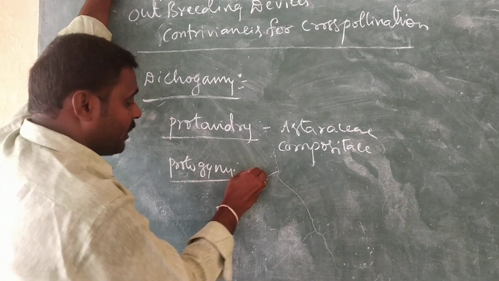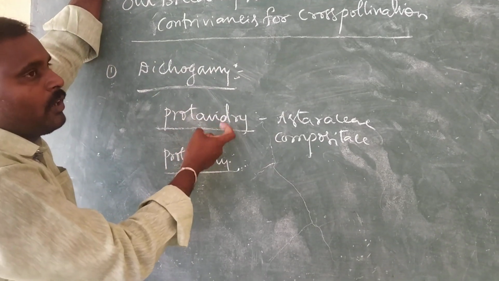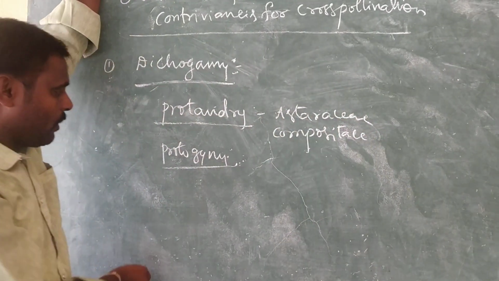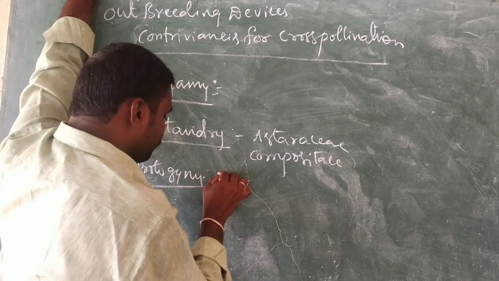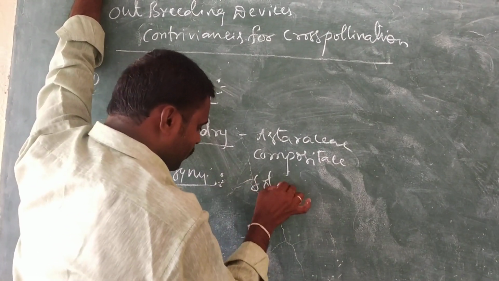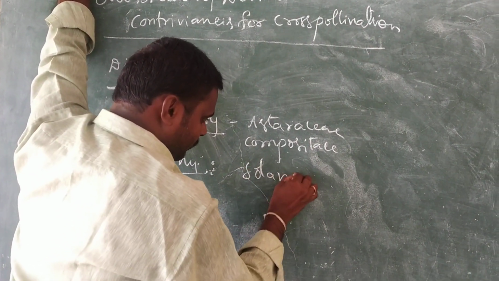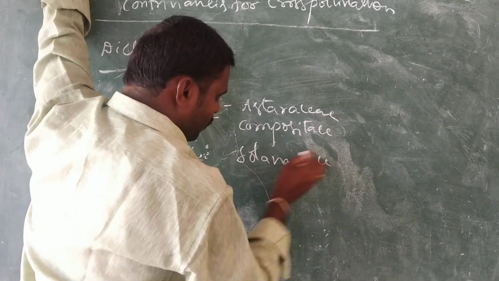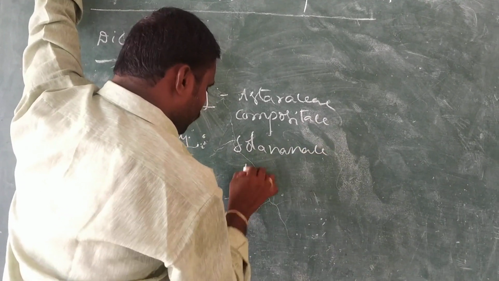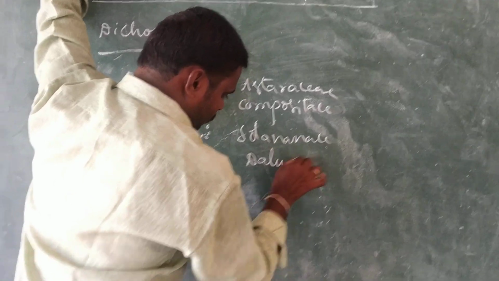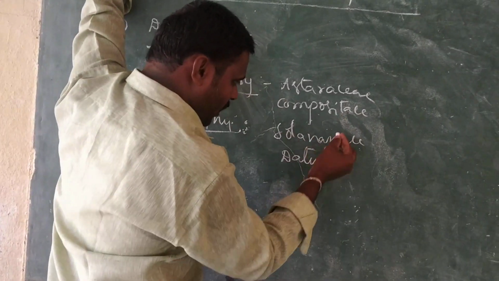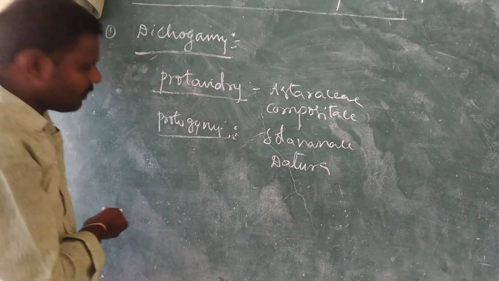Self pollination. So it discourages self pollination and encourages cross pollination. Examples for this: Solanum, that means Solanaceae family members, and Datura. Both Solanum and Datura come from the family Solanaceae.